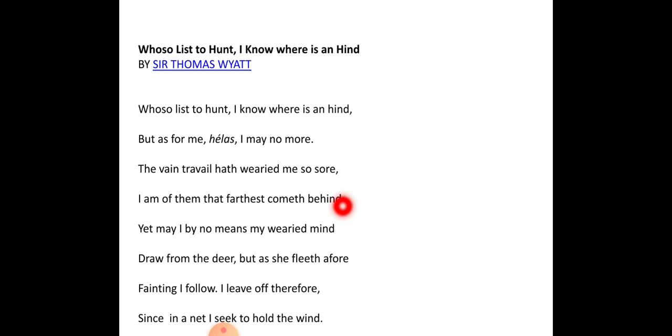But unlike the Italian, the Spencerian sonnet consists of three quatrains and one couplet. Three quatrains means that we have 12 lines, and a couplet means that we have 2 lines, so 12 plus 2 equals 14 lines. The Spencerian variety is actually a type of stanza that was devised by the famous English writer Edmund Spenser.